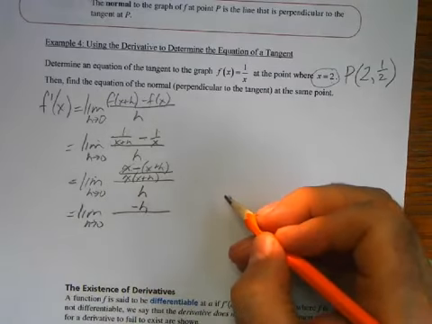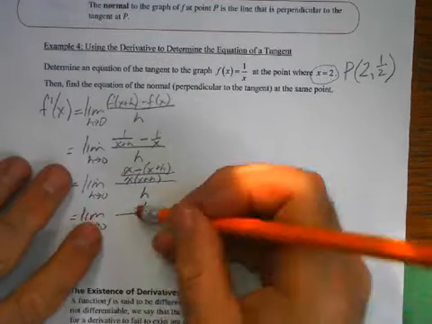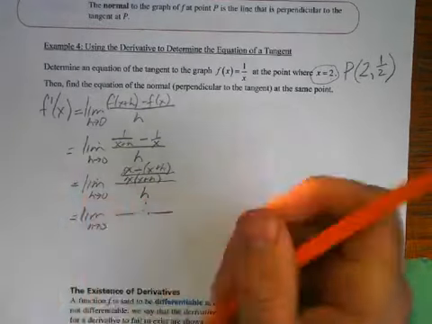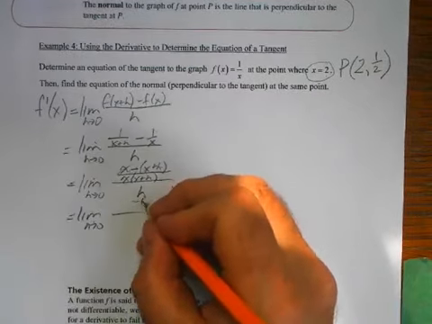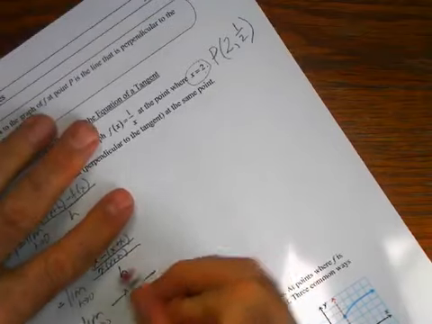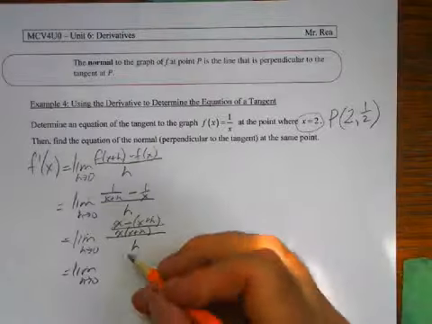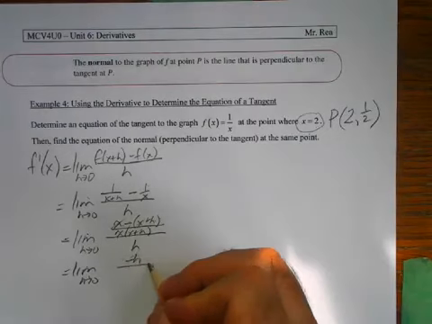Forgot the denominator there. So it's a minus h over x. Let me do this again, give some more room. So minus h over x times x plus h, all over h.